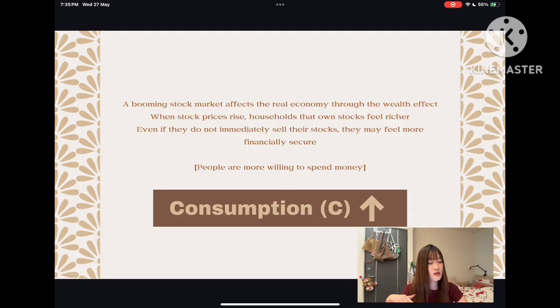So this was not only affecting big companies or institutional investors. Many ordinary households also experience higher portfolio values. As a result, consumer confidence increased, and people were more willing to spend on things such as cars, luxury retail, travel, restaurants, and domestic services.